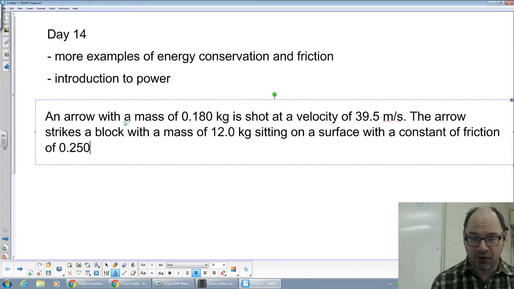Once the arrow strikes the block, how far will the block slide with the arrow in it?